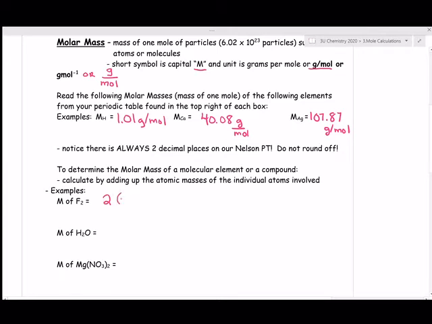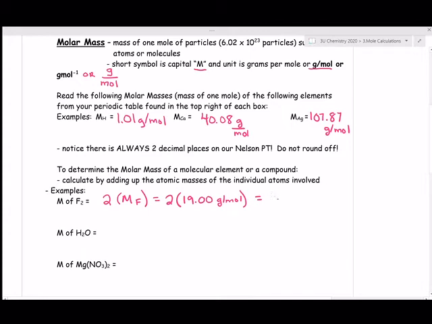So we would be multiplying 2 molar masses of fluorine, is what we would have to figure out. So that is going to be 2 multiplied by, find fluorine on the table, 19.00 grams per mole. And then you would do that on your calculator.